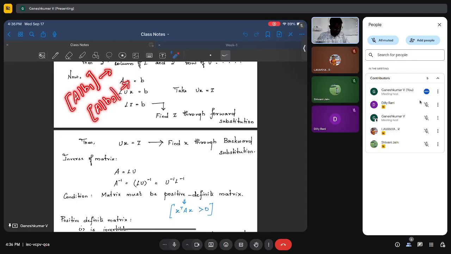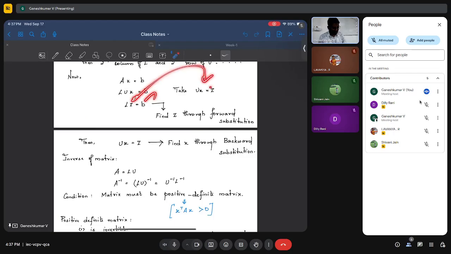So instead of doing such big calculations, what people usually do is just do LU decomposition for A, and you just change the B matrix to find Z, and then using Z you find X. As simple as that.